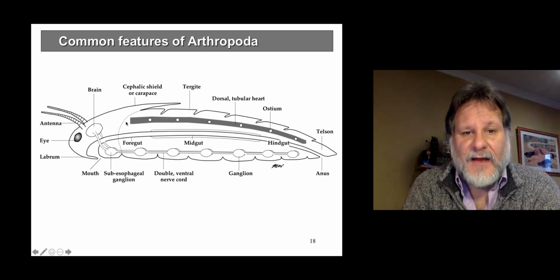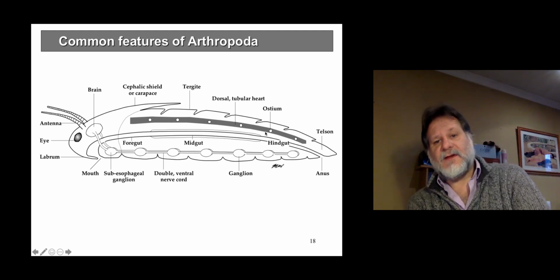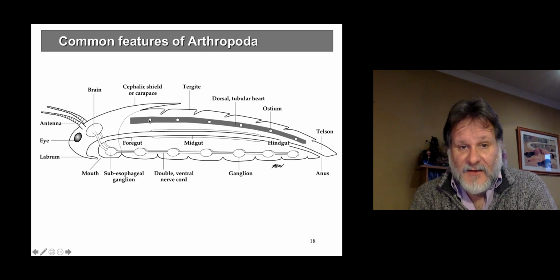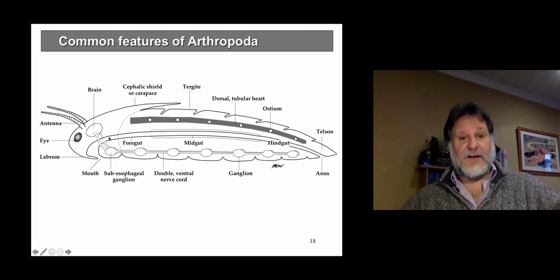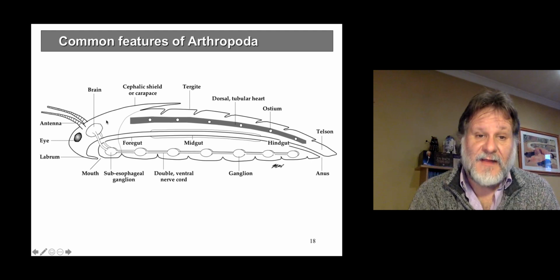The heart then is dorsal, and primitively at least it seems to extend much of the length of the trunk, and it has these little holes along its length within each segment, and these take in blood, and blood is then squirted out the end of this anteriorly into the cephalic region here.